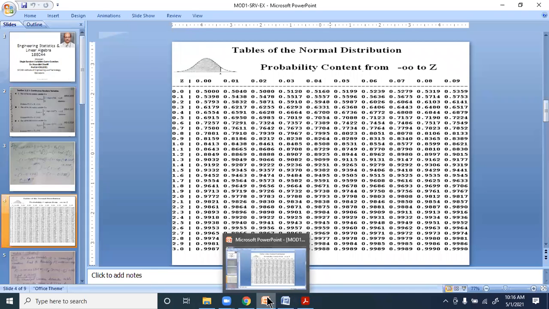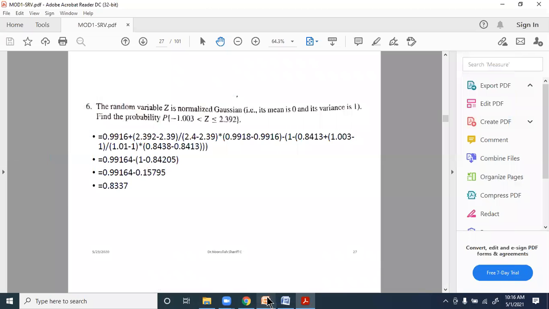That interpolation is done over here: 0.9916 plus (2.392 minus 2.39) divided by (2.4 minus 2.39), multiplied by (0.9918 minus 0.9916). That will turn out to be 0.99164.